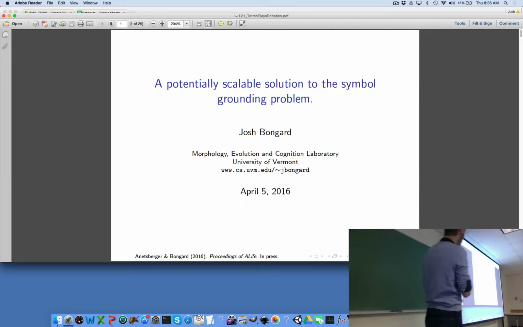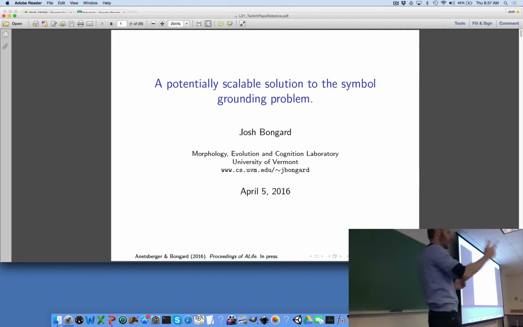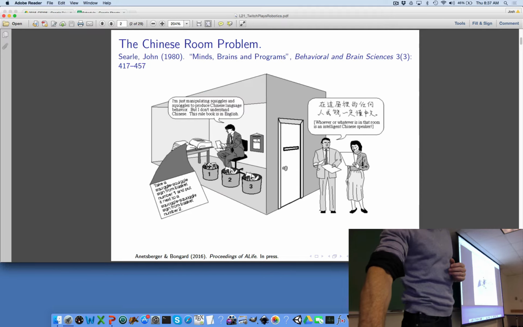So that's why we're hoping that this is a scalable approach, because perhaps this project can be scaled up to more and more people teaching more and more robots more and more symbols. We'll see. We only have one robot and one symbol and 424 people so far, right? But it's a start. Okay, so that's a summary of the project.